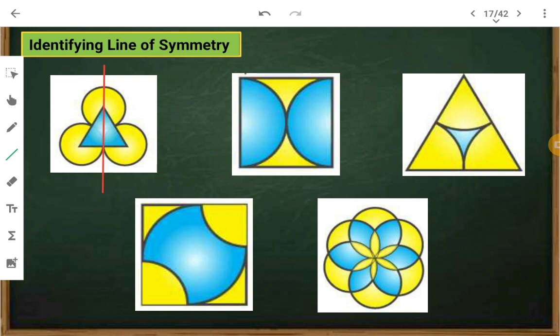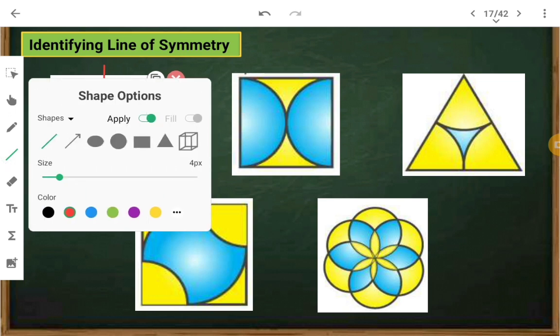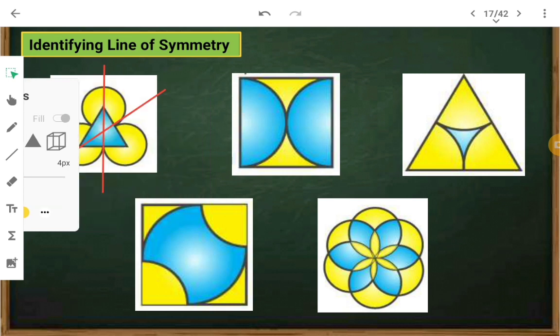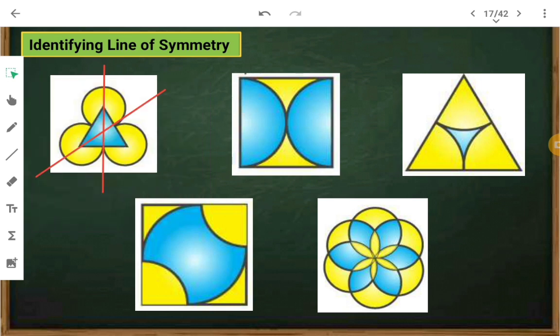And next, here one line of symmetry. I will move it and show you. And next one, here you can draw one line of symmetry. So how many lines of symmetry are you getting for the first figure? 3 lines of symmetry.